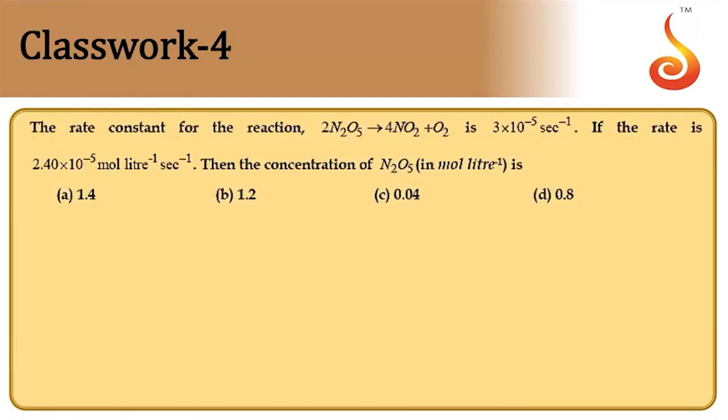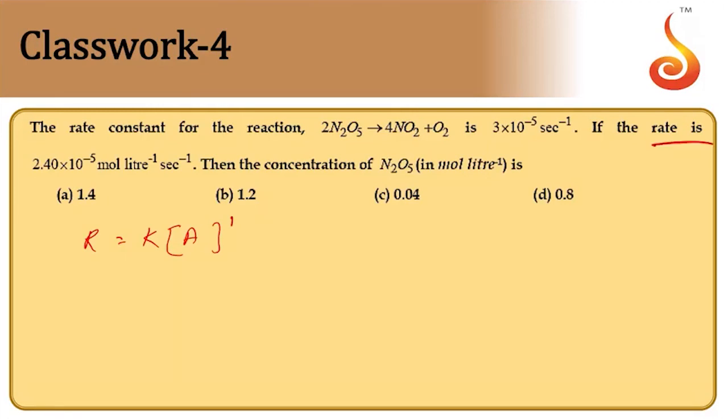So now rate is equal to rate constant K into A to the power of 1, as we have first order kinetics. Both rate and rate constant are given to us.